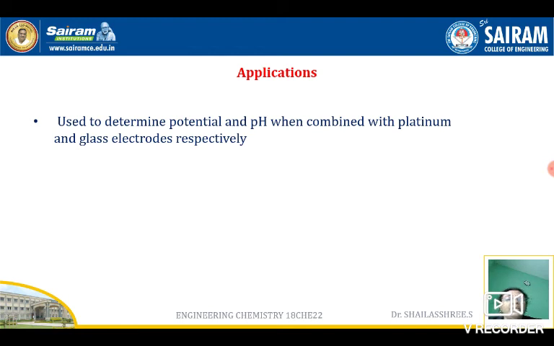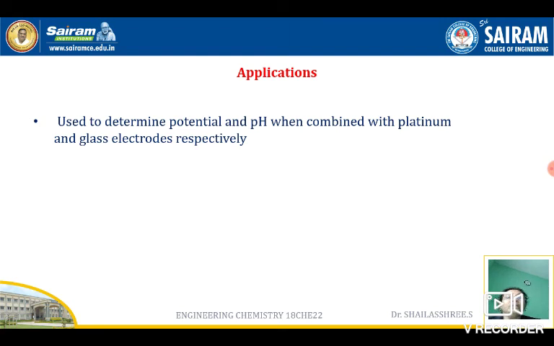A platinum wire inserted until the bottom of the electrode serves for external electrical contacts. There is a side tube to fill the solution, and a salt bridge or porous membrane to avoid the liquid junction potential. The electrode acts as both anode and cathode, depending on the nature of the other electrodes, and the potential is given by the Nernst equation.